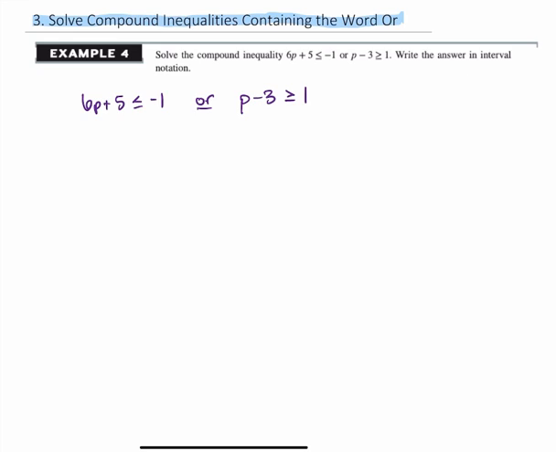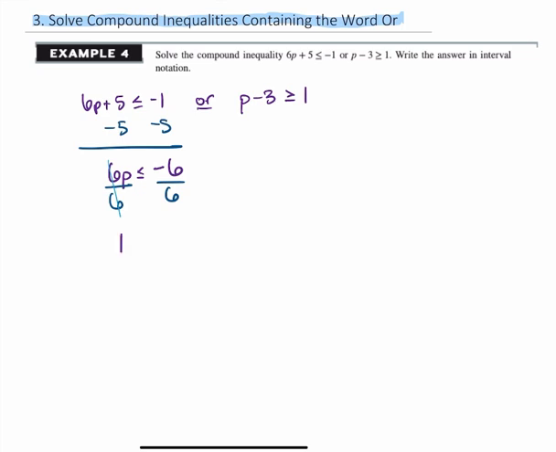Let's solve the left side. I'll subtract 5 from both sides. So I get 6p is less than or equal to -1 minus 5. Subtracting from a negative, it'll become more negative, -6. And then I have 6 times p, so I will divide both sides by 6.